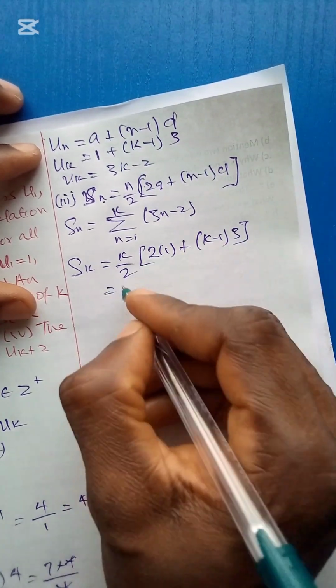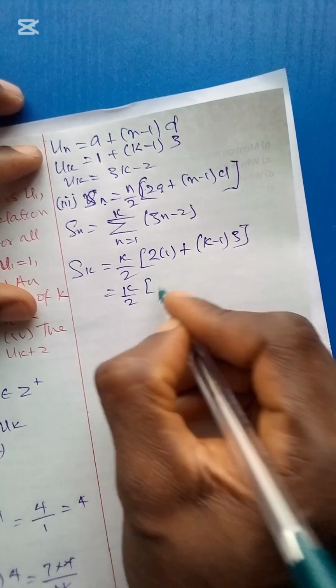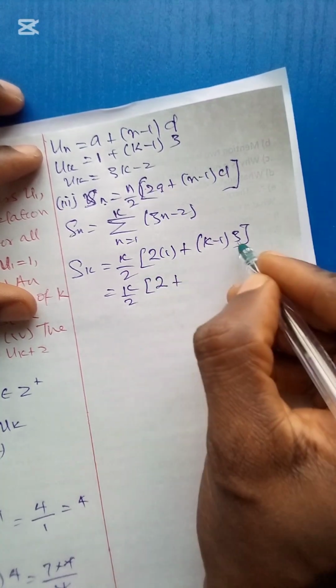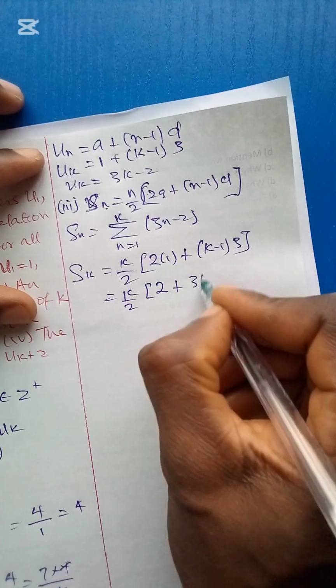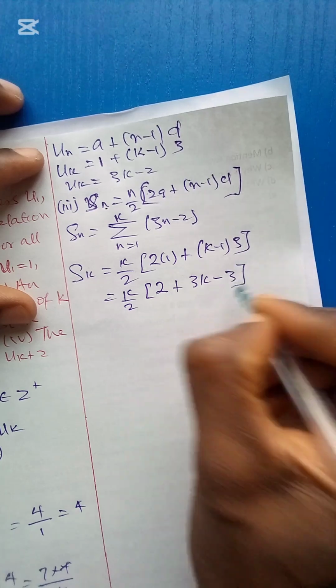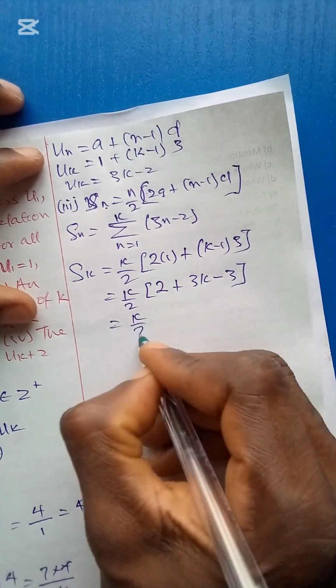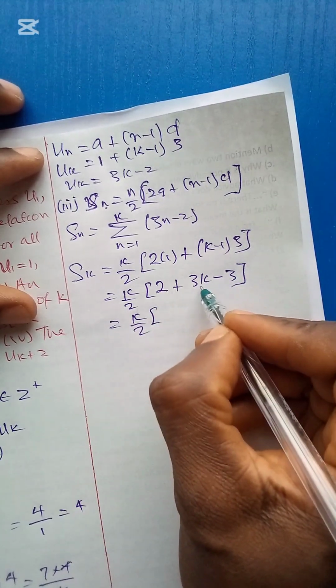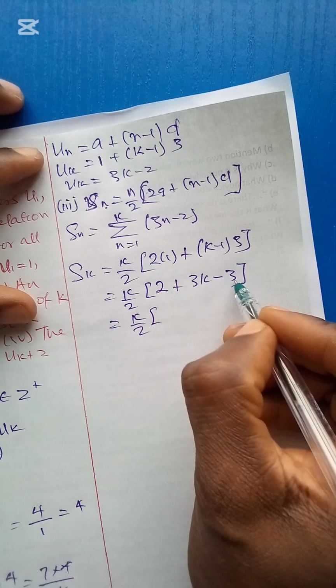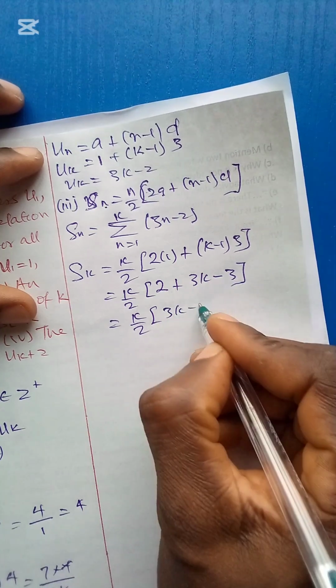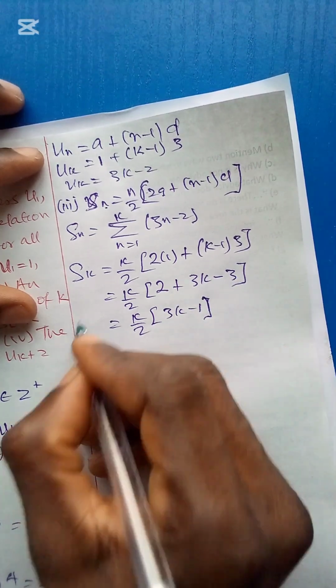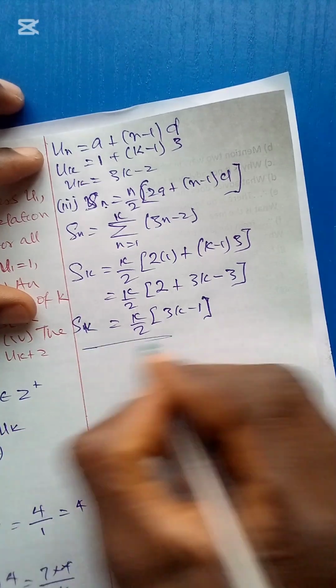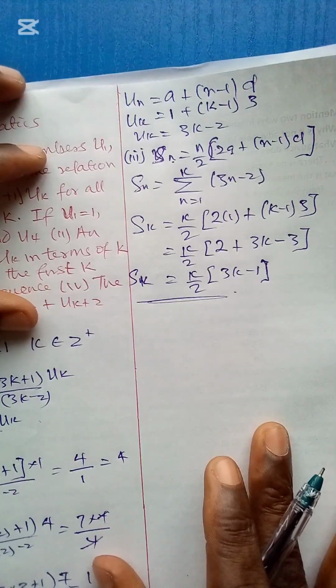And then simplify. k over 2 times 2 plus 3k minus 3 will give us that. So k over 2 times 2 minus 3 will give us minus 1. So we have 3k minus 1. This is now the sum of terms of that sequence.